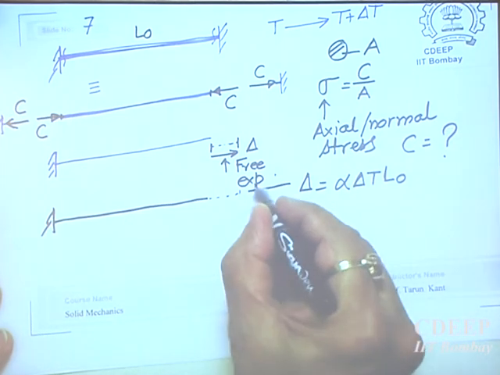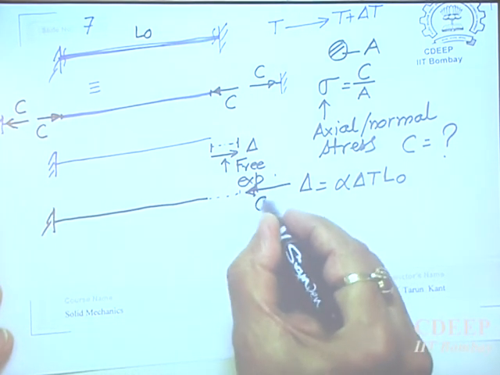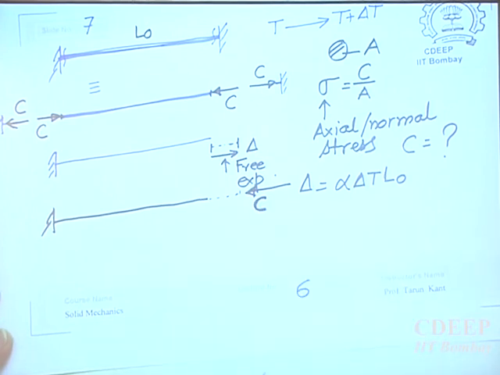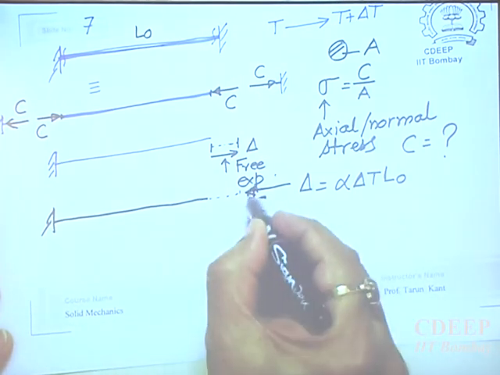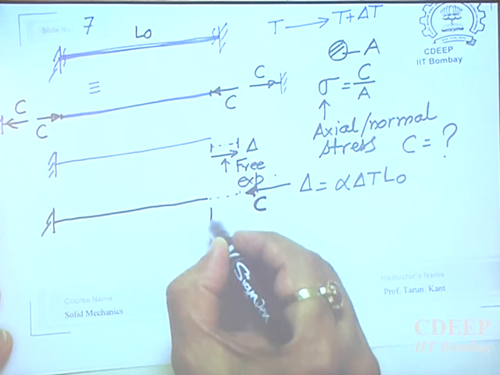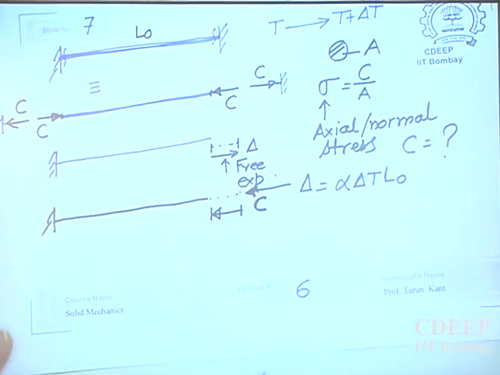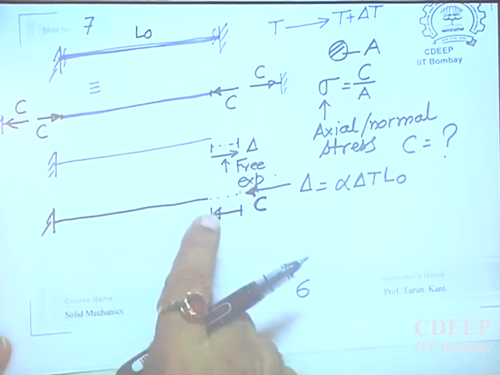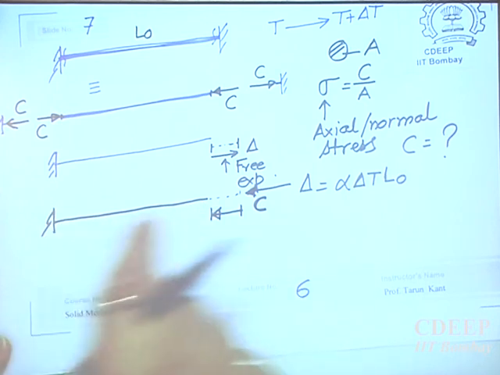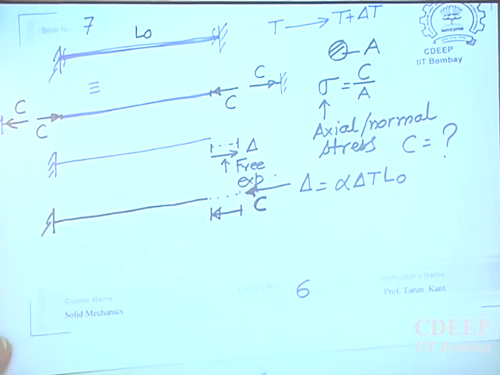Yes, I must apply a force C here, a force C such that this comes back. But by the way, now we have a problem. How to find out the change in length because of an axial force C?